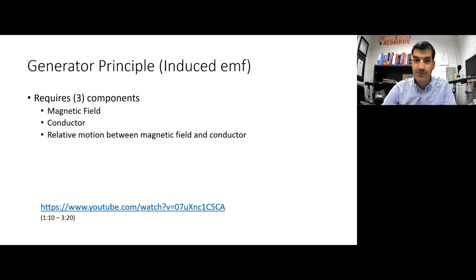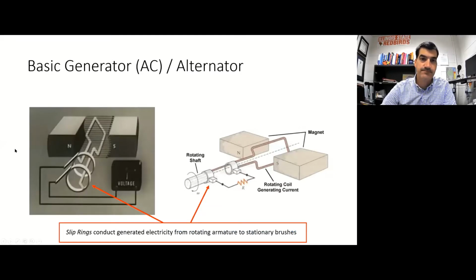Okay, back to the slide presentation. All right, so the parts that I wanted to show in that video, that I actually stopped the video for, are the slip rings. And these are the slip rings right here. These are rotating around with the armature. In fact, they're permanently attached to the armature.